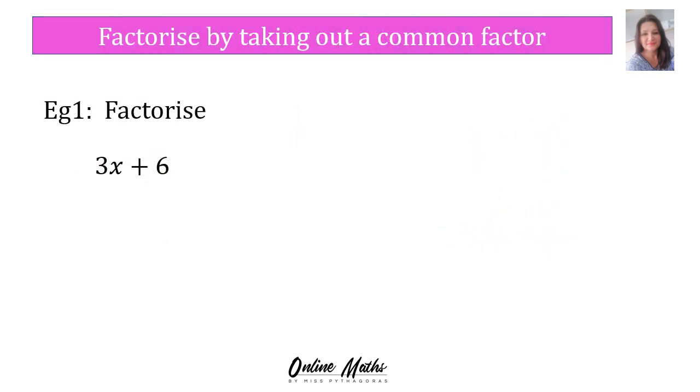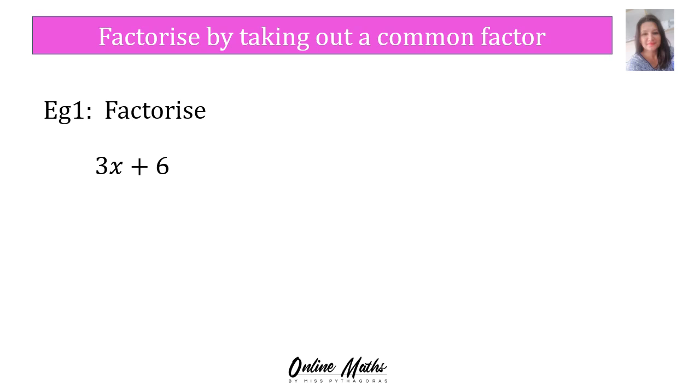The first type of factorization that we will be looking at is to factorize by taking out a common factor. Now the question says factorize, so that means we will write those two terms in terms of brackets, or something times something. Remember, brackets means multiplication.